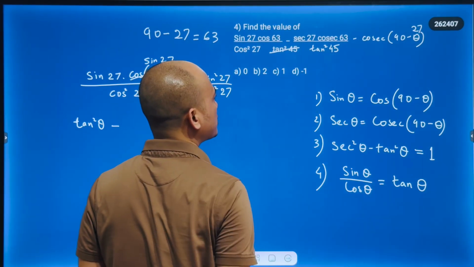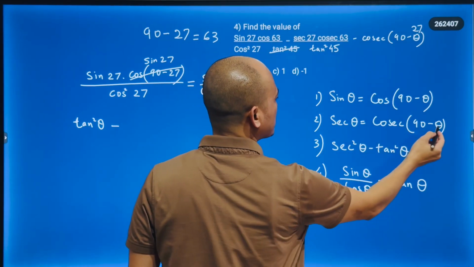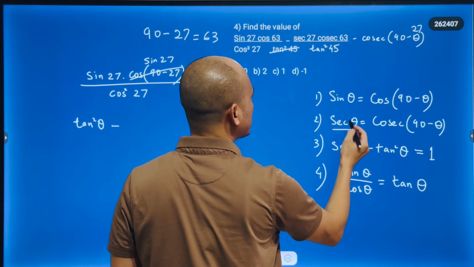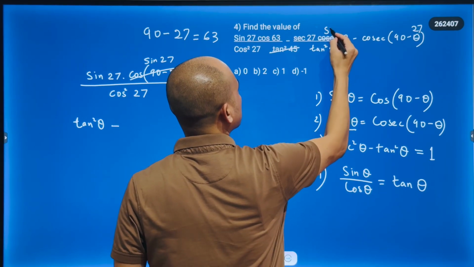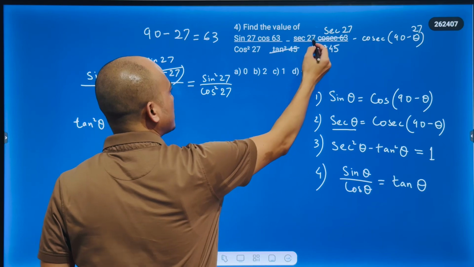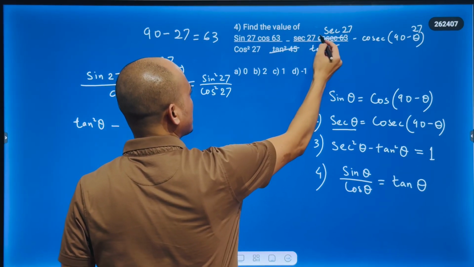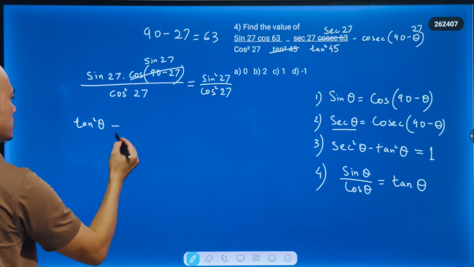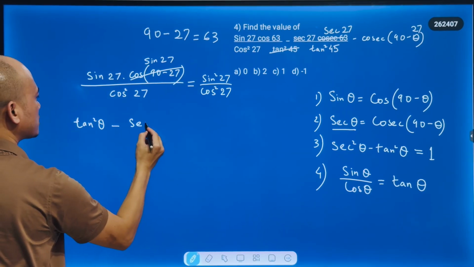Cosec 90 minus 27 becomes sec theta, that means it becomes sec 27. And when we multiply by another sec 27, it will become sec square 27. So the second part becomes sec square theta.